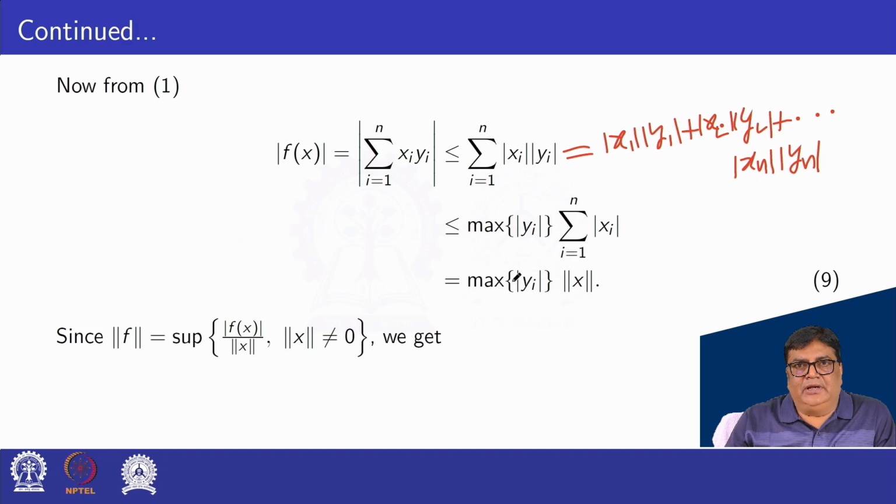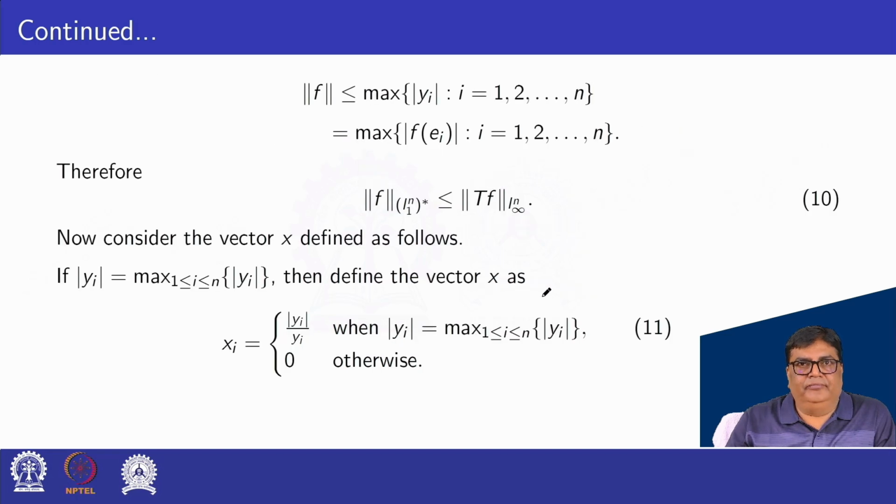So equation 9 can be written as norm f less or equal to max of mod yi. And yi is f of ei. That is norm f less or equal to max f of ei.